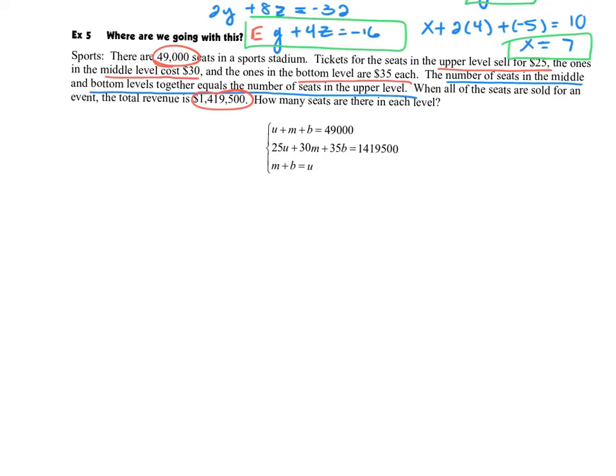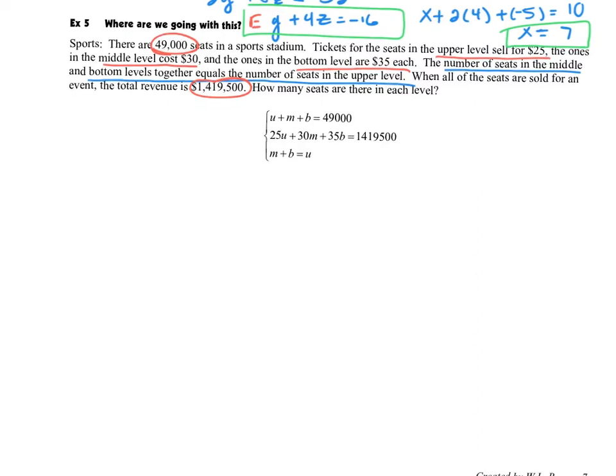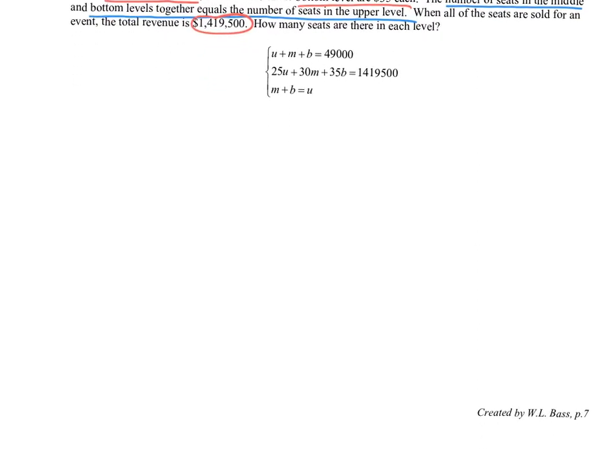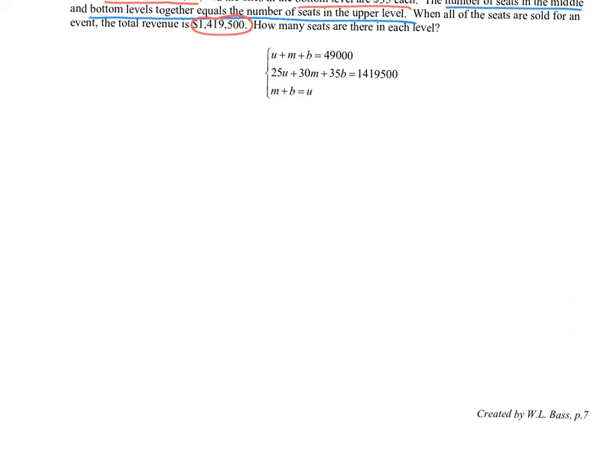So there's our 3 equations. Now, what I want you to notice on this problem is that substitution is actually going to be really easy for us to use, okay? Because what I can see right from the very beginning is that one of my equations has already been solved for a variable. So I can see that u equals m plus b, which means I can substitute into both of those equations right off the bat.